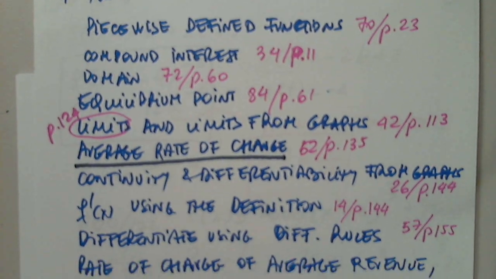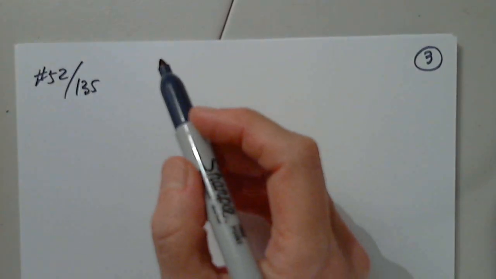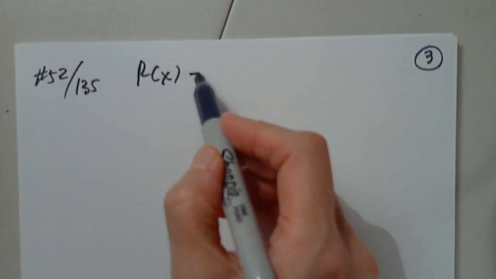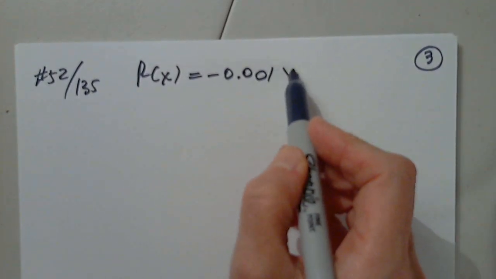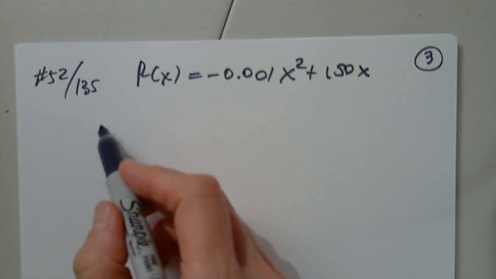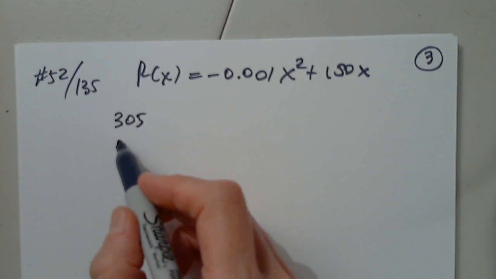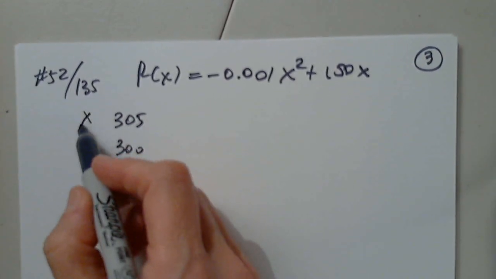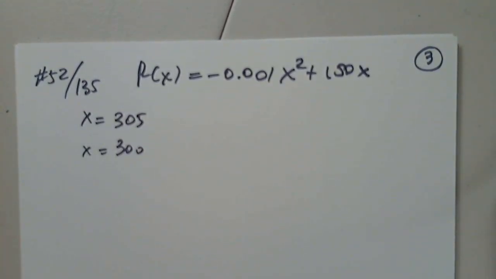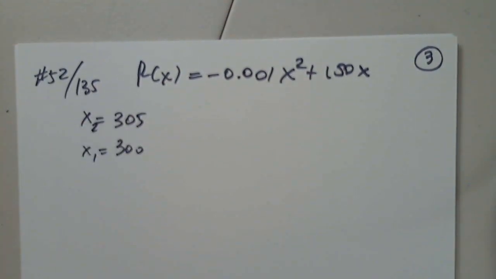So we have a total revenue which is R of x, negative 0.001 x squared plus 150x. And they're asking us to find the average rate of change between 300 and 305. How do we do that?